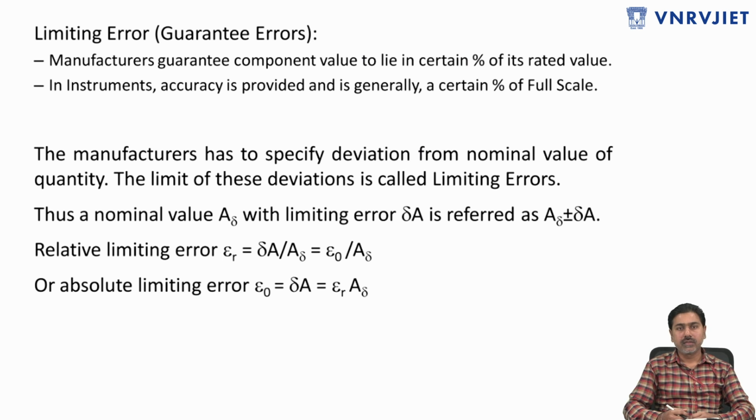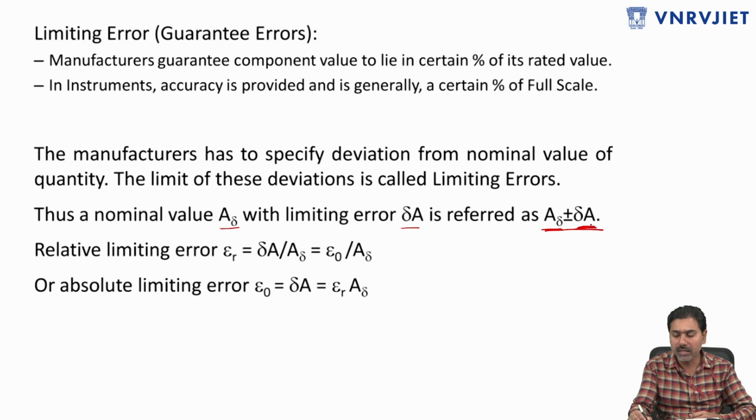Here, for example, assume the nominal value of the measurement is A delta and its limiting error mentioned by the manufacturer in the data sheet is delta A. Finally, the value we get from the device as a measurement is A delta plus or minus delta A. Here A delta is the nominal value that we have to get from the device, and delta A is the difference.